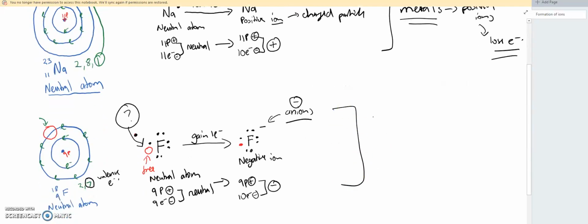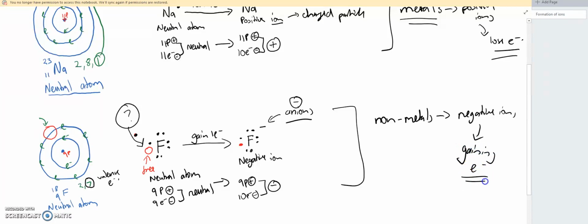And this is always, the nonmetals do this, the ones on the right side of the periodic table. Nonmetals always form negative ions because they like gaining electrons because they're very close to full outer shells. Okay, so they're always looking to gain 1 or 2, maybe 3 electrons to have full outer shells.